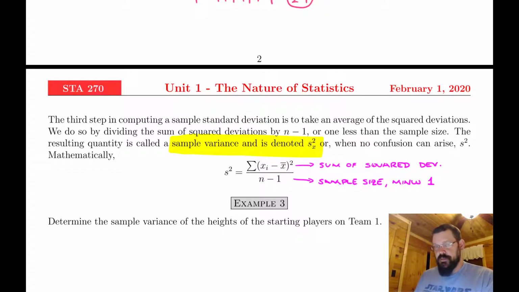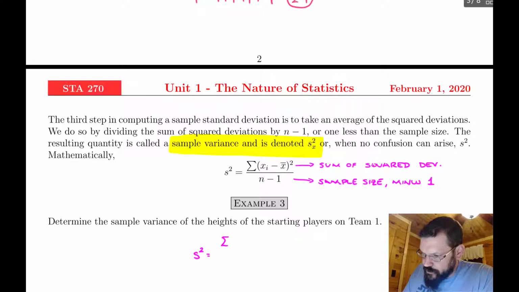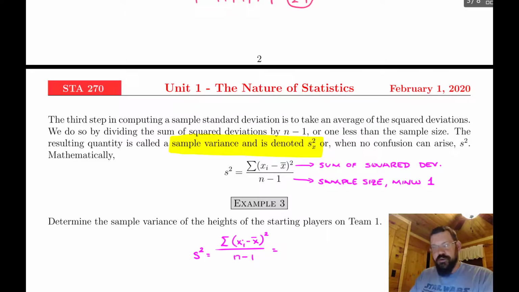And then the next step, which will take us right into the standard deviation, is really pretty simple from here. So to find s squared for the team 1 players, I'll put in the notation here. We've computed the numerator already to be 24.